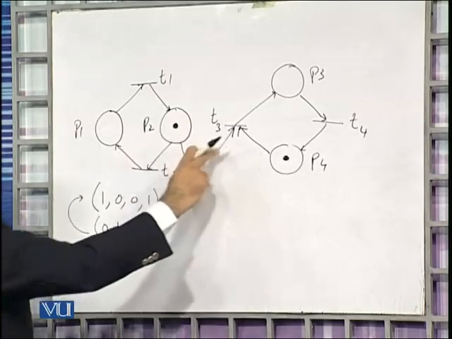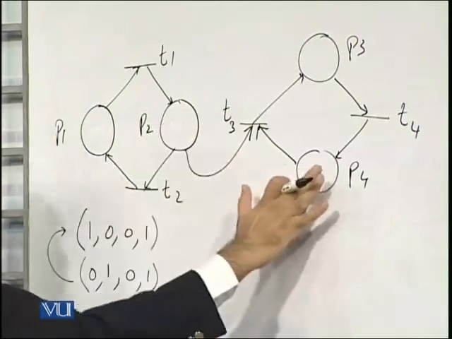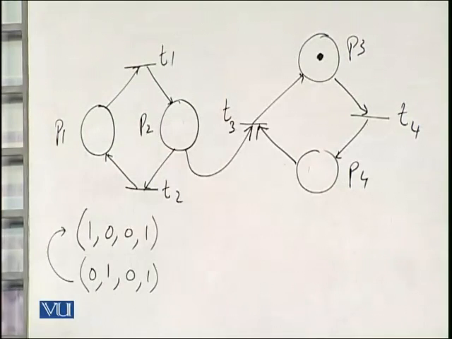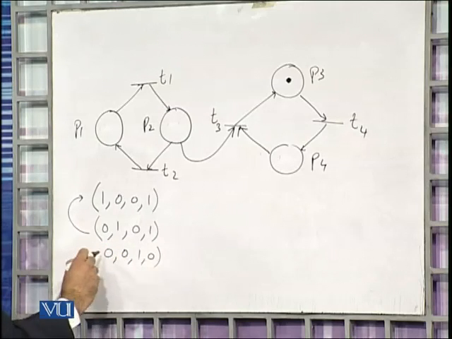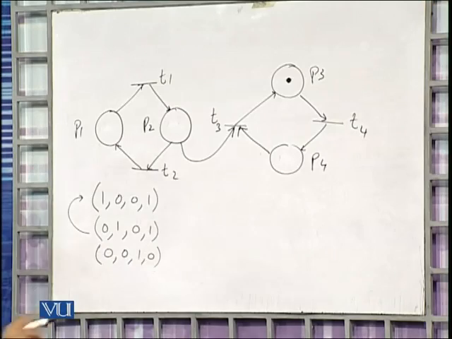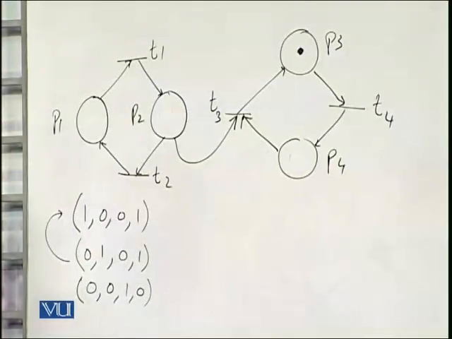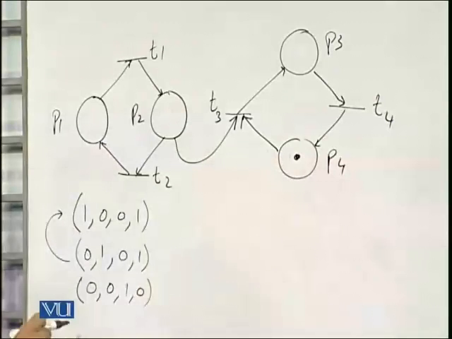If T3 is fired, in that particular case, we will take these two tokens from here and deposit it here. So from here, we will have the state 0, 0, 1, and 0. At this point in time, we have only one transition that is enabled, which is T4, and that will take this token from here and deposit the token in P4.